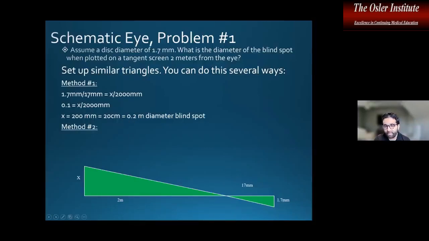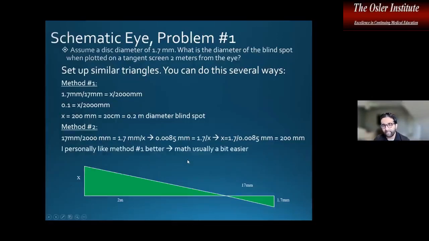You could do it with height over height equals base over base. So you could do this over this equals this over this, and you'll still get the same answer, but the math will be stickier to get there.